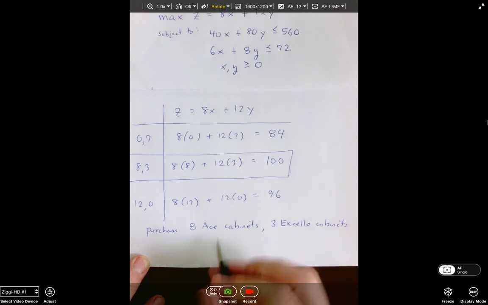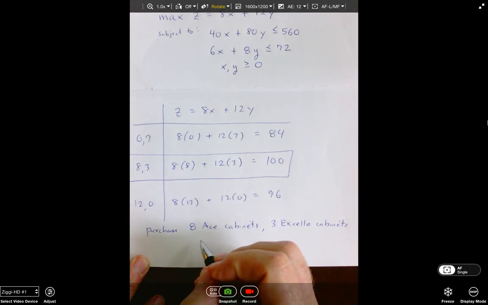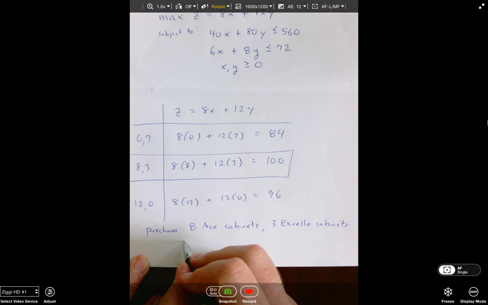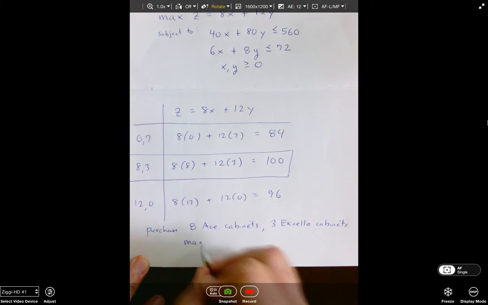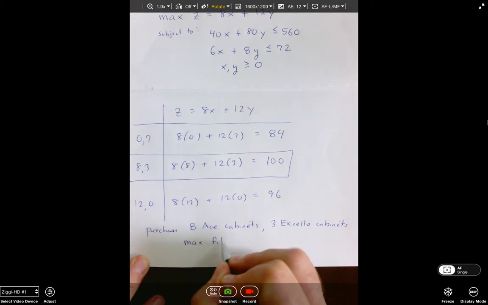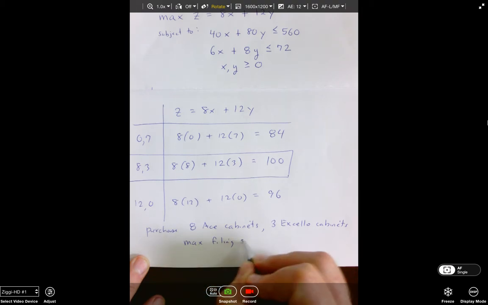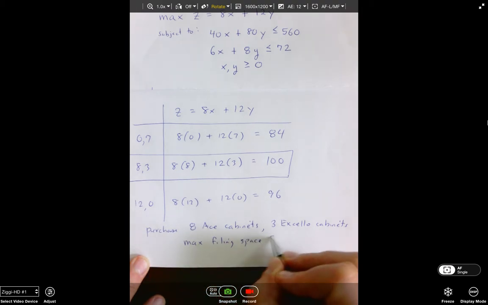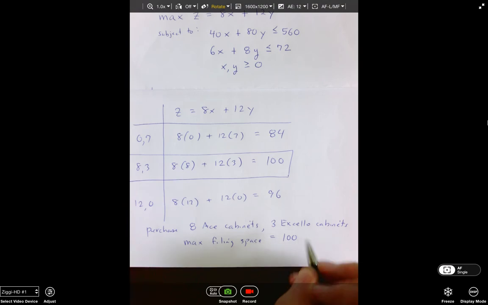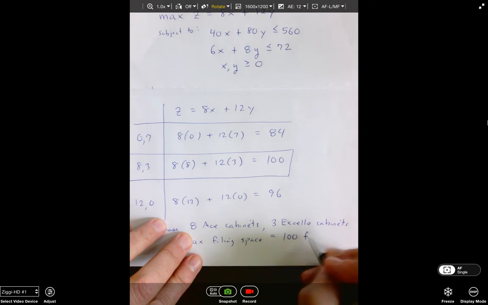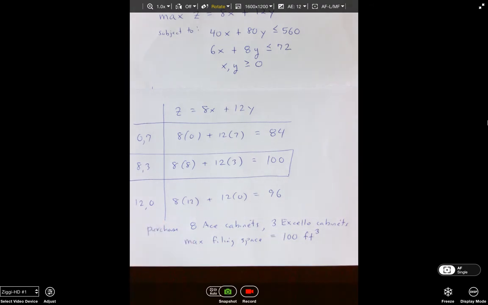No. And your maximum filing space is 100. What was that given in? That was given in cubic feet, so given in feet cubed.